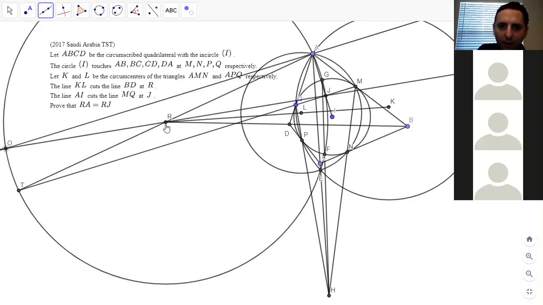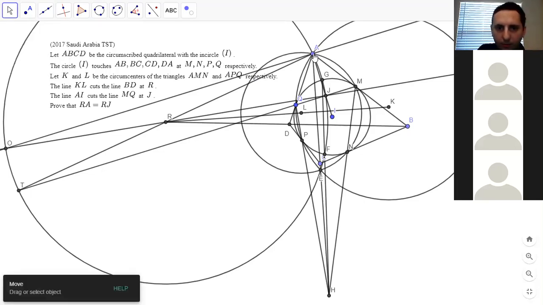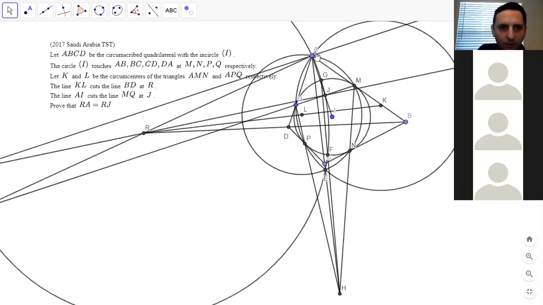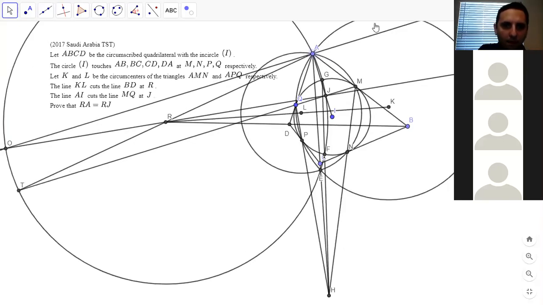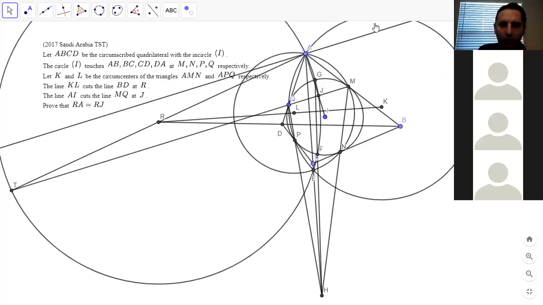It looks like that point might be collinear with J, R and J. Let me check it out. Oh yeah, that's kind of odd. Well, because if R was the center of the circle, that would be true, because this would have to be a right angle. So yeah, it could help.